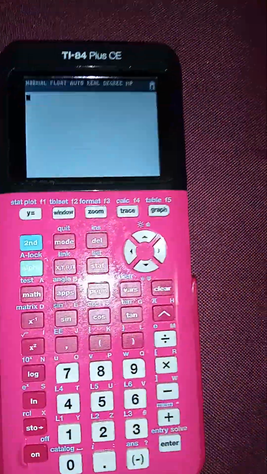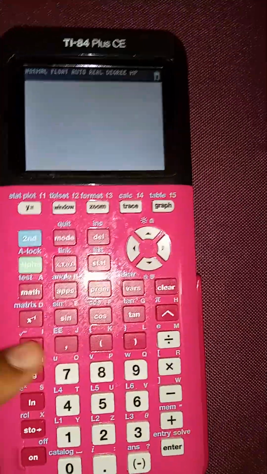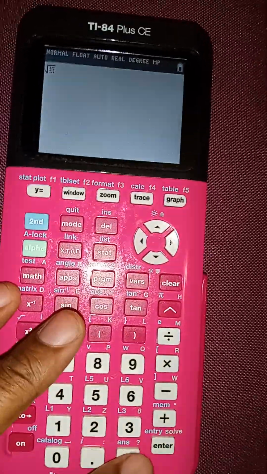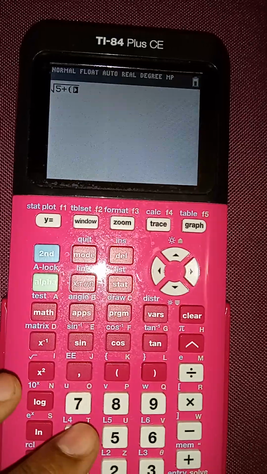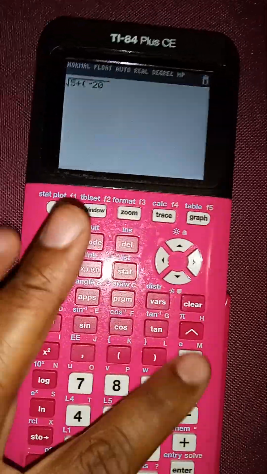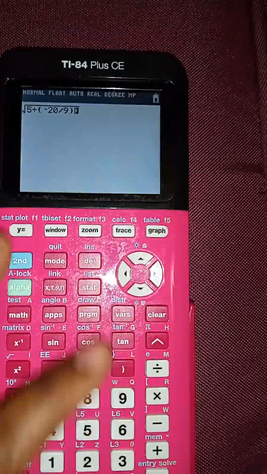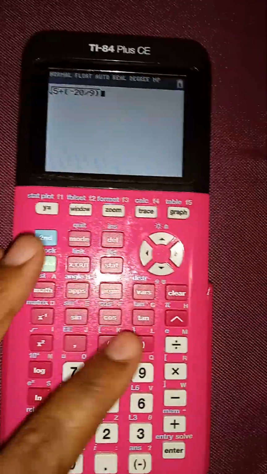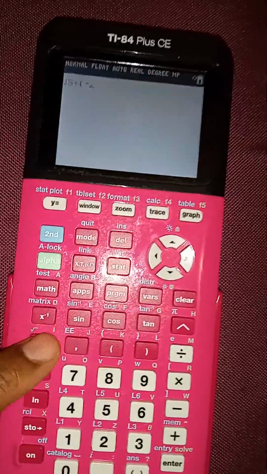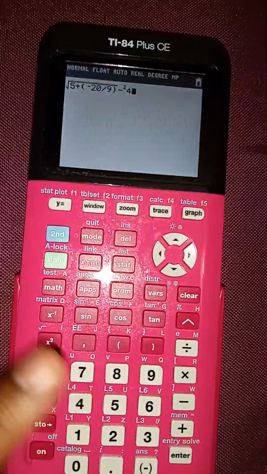So let's clear this out. So the square root of 5 plus negative 20 over 9 minus square root of 4.